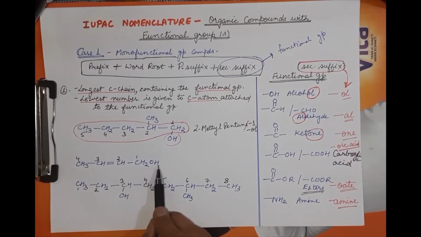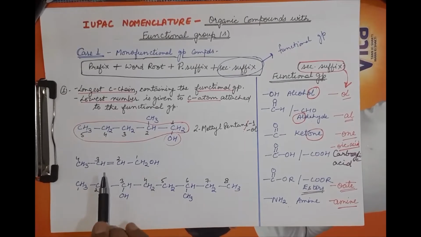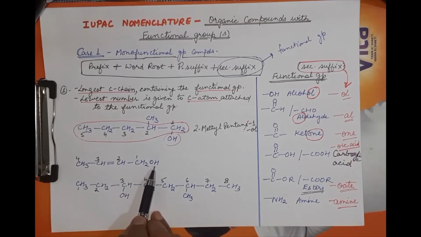Then let's go to the second example. So this is the second example. Here we can see the functional group as well as a double bond is also present. In such a case, the functional group is given priority over the double bond. So again here numbering will be done from right to left.